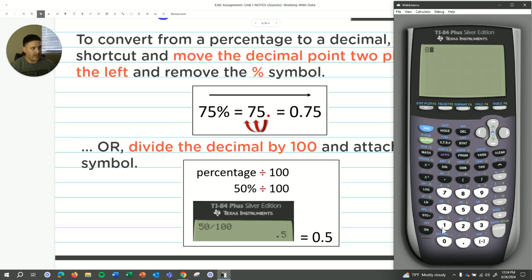Another example, let's say I have 81% from one of our previous problems, and I want to change this back to its decimal form. Simply divide by 100, and you will get to its decimal form, 0.81. Or you can use a shortcut.